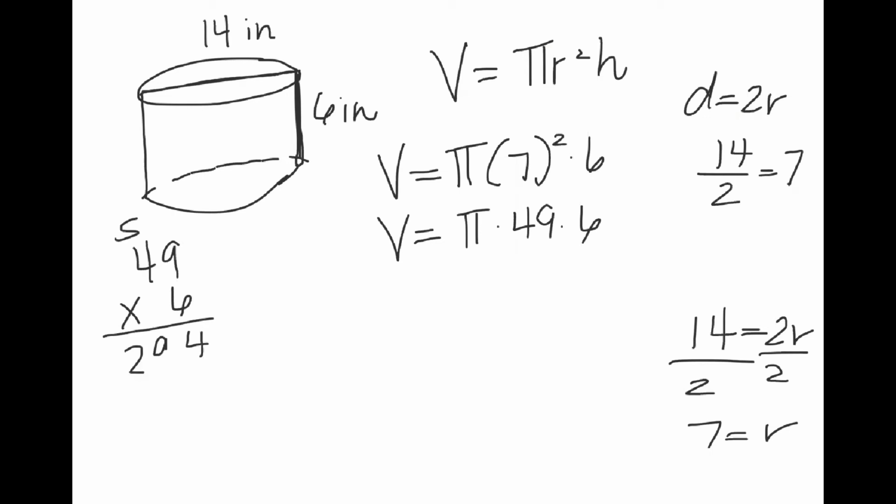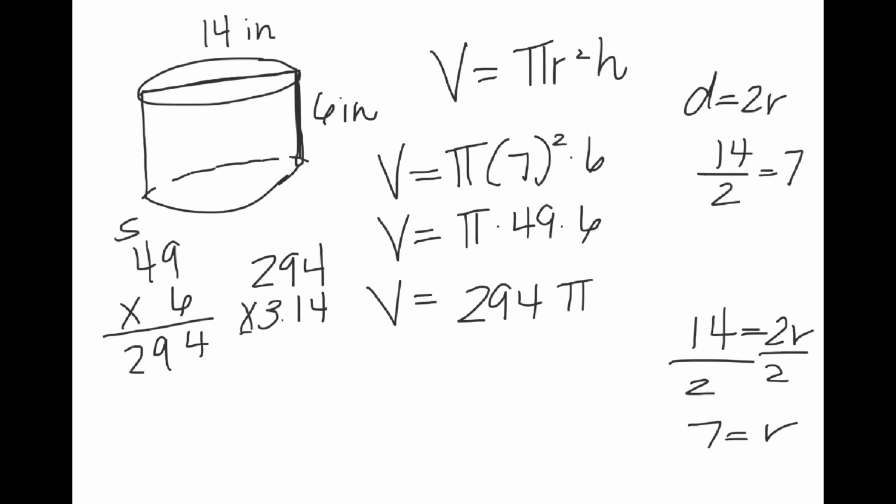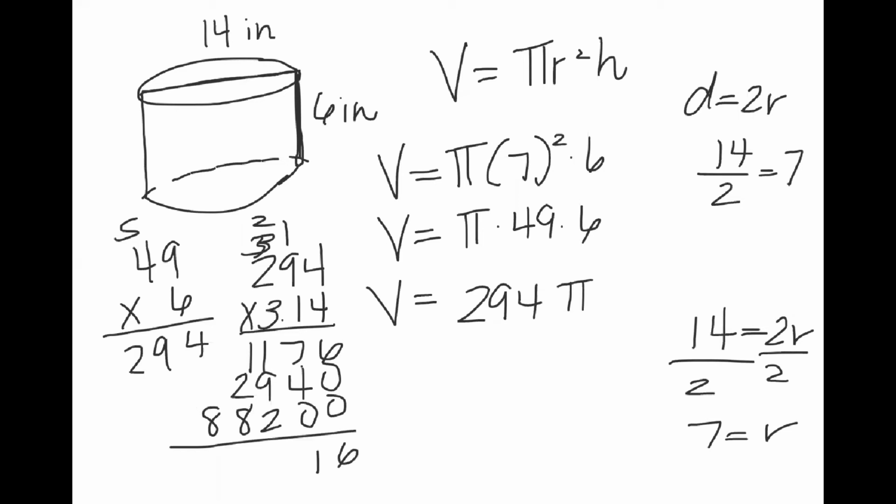(24 plus 5, 29). So volume is equal to 294 pi, or it's equal to 6, 11, 13, 12, 9, 2 numbers behind the decimal point. 923.16.